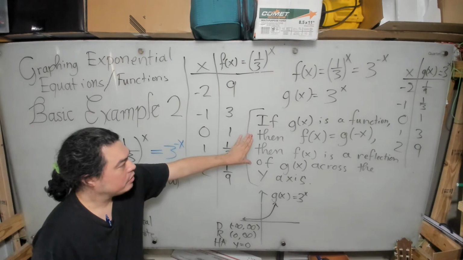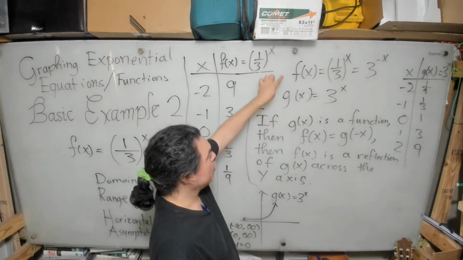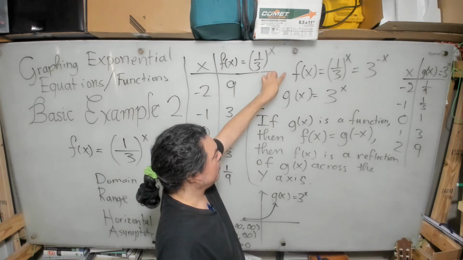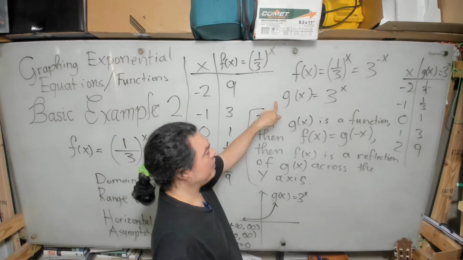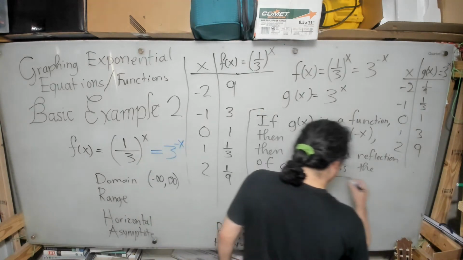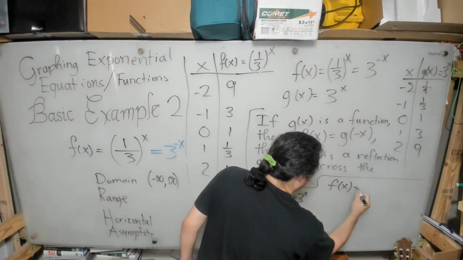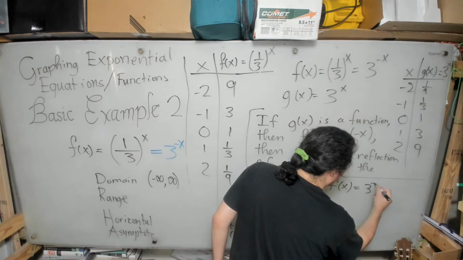But from this fact, look at how I can see f of x. If g of x is 3 to the x, then what is f of x? F of x is 3 to the negative x.